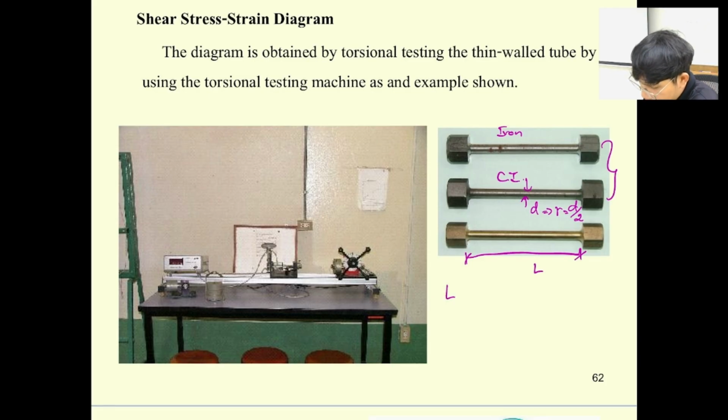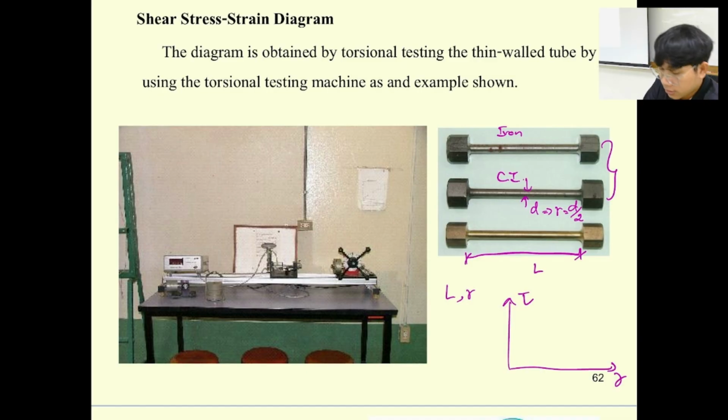So you have L and then you have r. But in the final result, what we would like to have is just the shear strain and shear stress. Okay, and then you plot something that looks like this and goes down like this, and then we're going to find G, which is the shear modulus of elasticity.